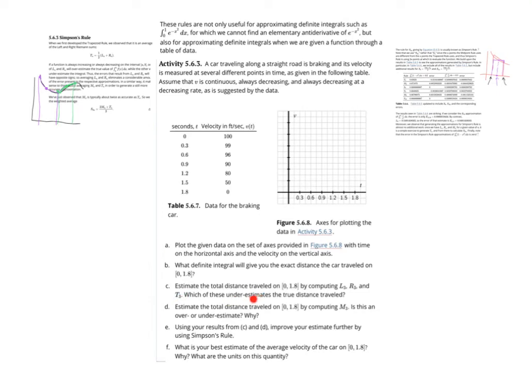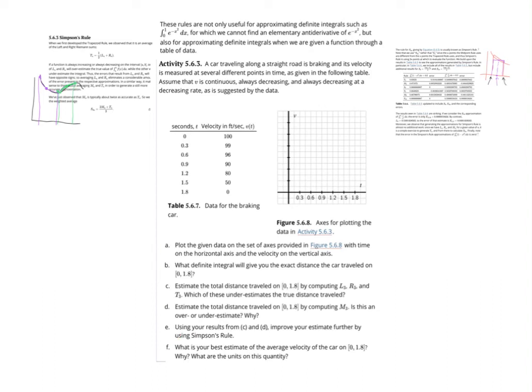It's asking you which of these three is underestimating the true distance. Then you're going to estimate the total distance again by M3, and then answer if it's an over or underestimate.